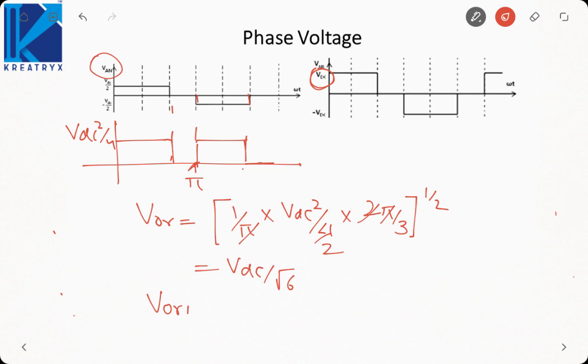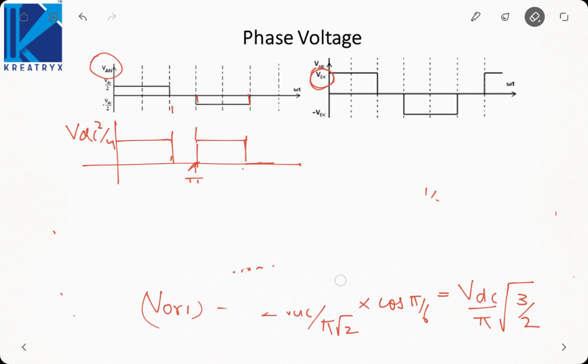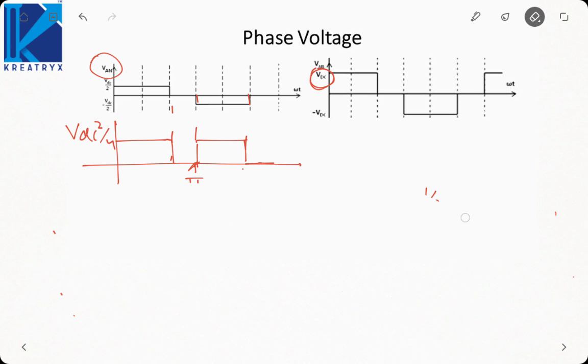What is fundamental RMS? Fundamental RMS is 2 VDC by pi root 2 to make it RMS, cos pi by 6. That is VDC by pi root 3 by 2. That is our fundamental RMS. Now to calculate distortion factor, we will use fundamental RMS by total RMS.